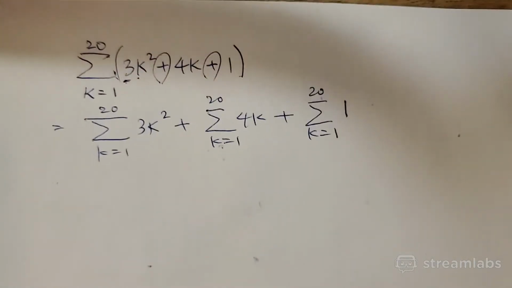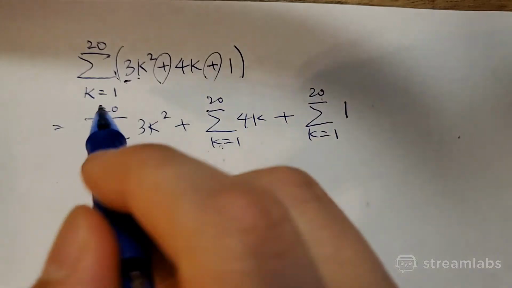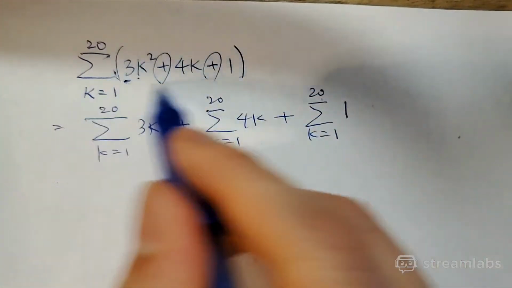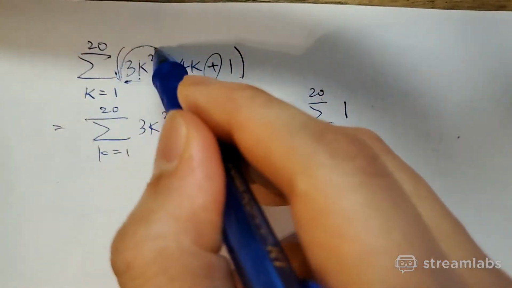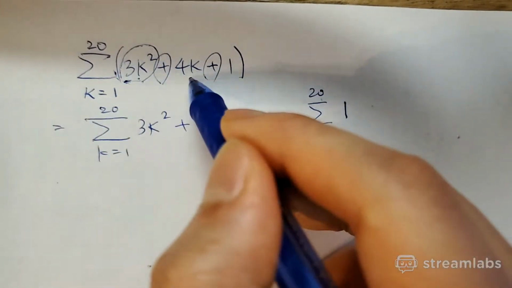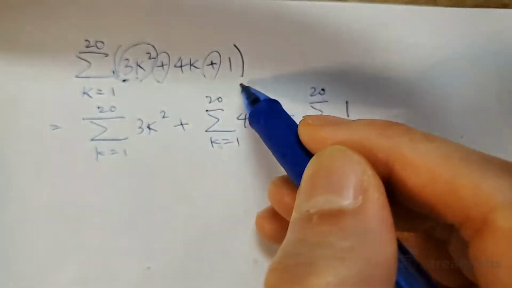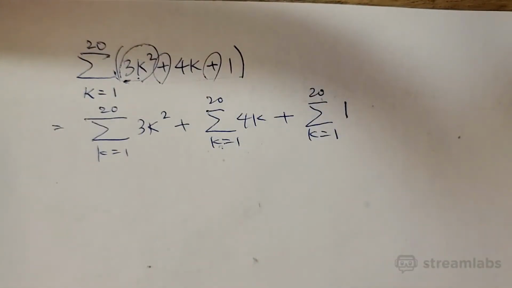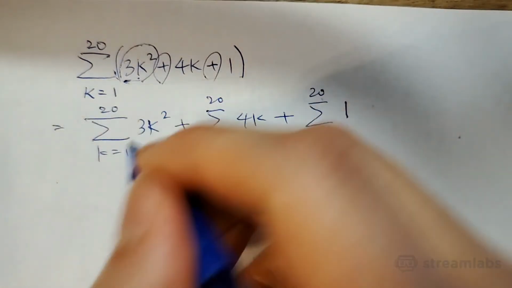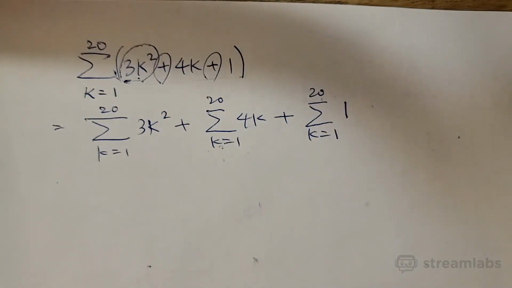Does this part make sense? Basically, what I'm doing is, since I'm going to add these things 20 times, from 1 to 20, I'm going to add all the things with 3k squared first, and then all the things with 4k, and then all the things with 1, from 1 to 20. Does this operation make sense? Splitting it. Okay?